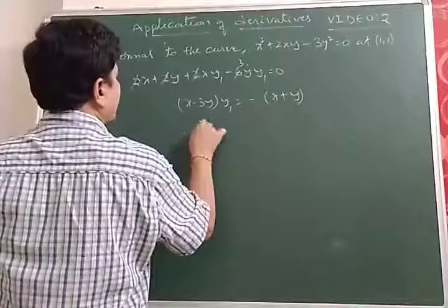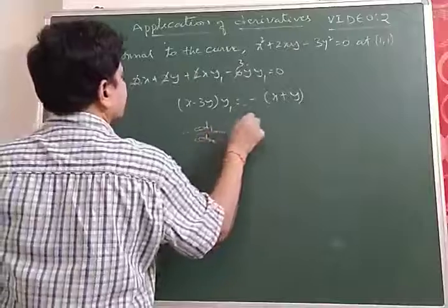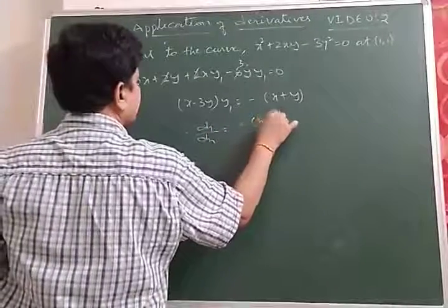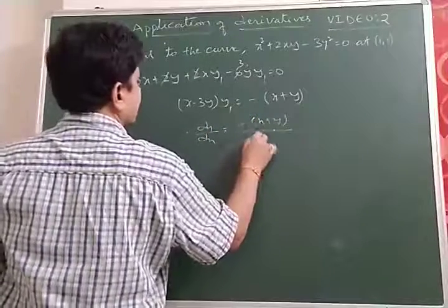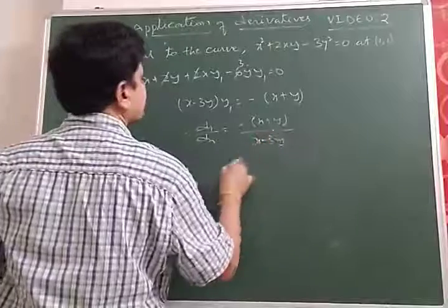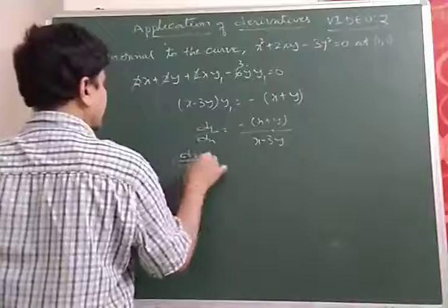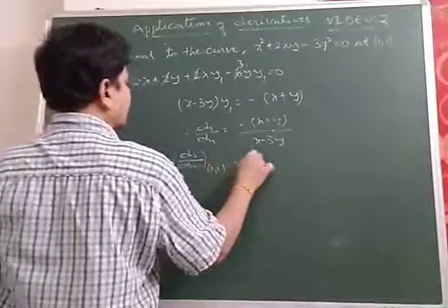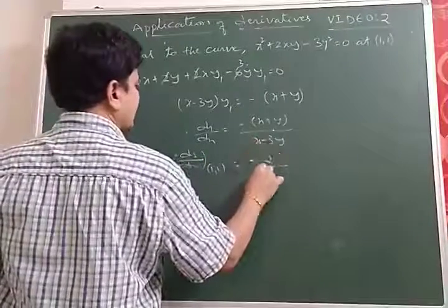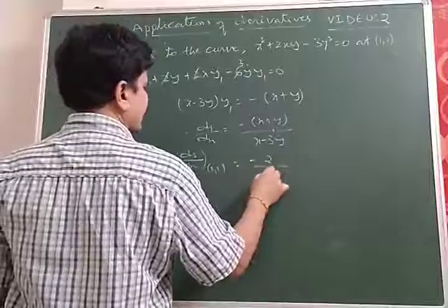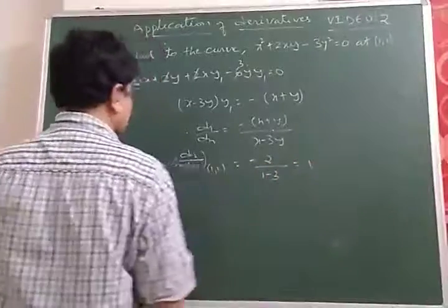So therefore dy by dx is equal to minus (x plus y) by (x minus 3y). Slope at (x1, y1) = (1, 1) is minus 2 by 1 minus 3, so 1.